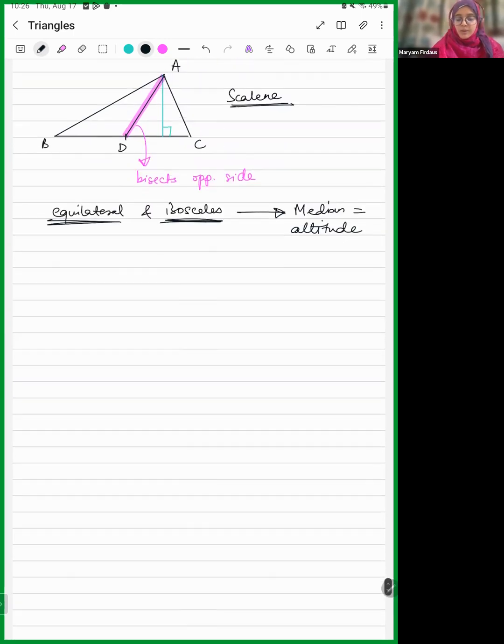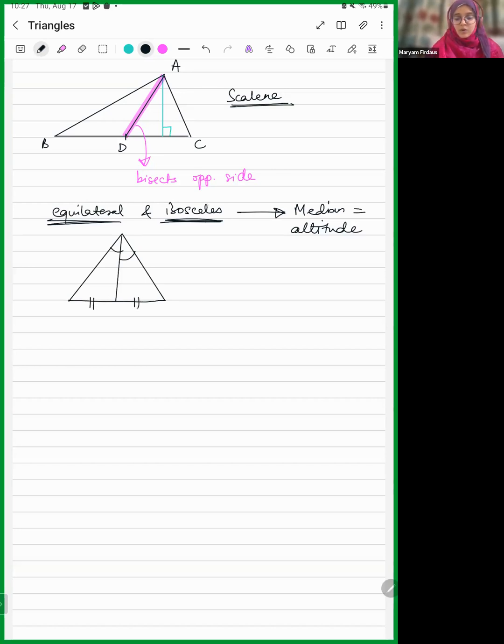Now, your question, does it bisect an angle? Yes, the median or altitude, same thing now that we're talking about equilateral and isosceles triangles, will bisect this angle as well. And we can prove that. How can you prove it? First of all, since it's the median, this side will be equal to this side.